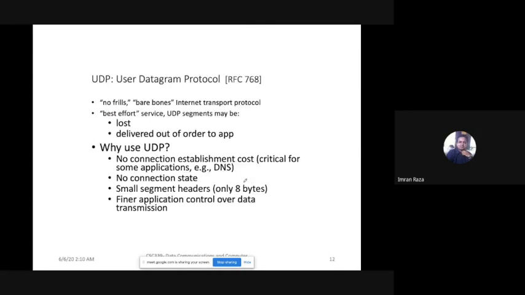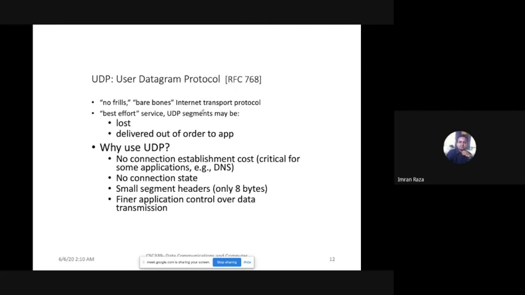Okay, so let's talk about TCP and UDP in detail. First of all, we'll talk about User Datagram Protocol. The details of User Datagram Protocol for a developer are given in Request for Comments 768.